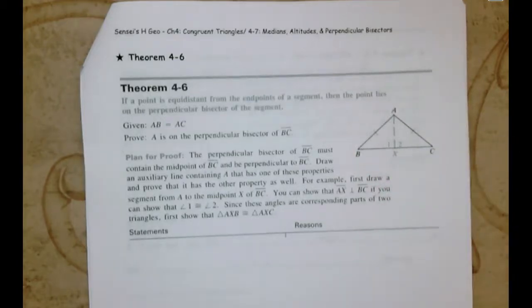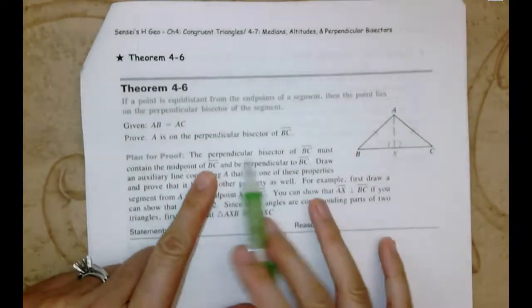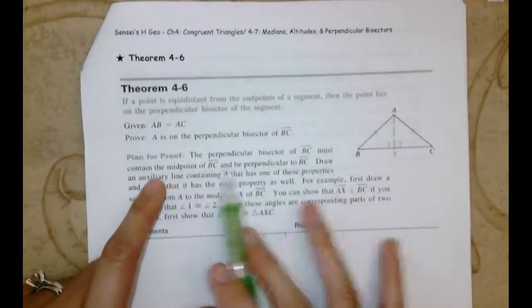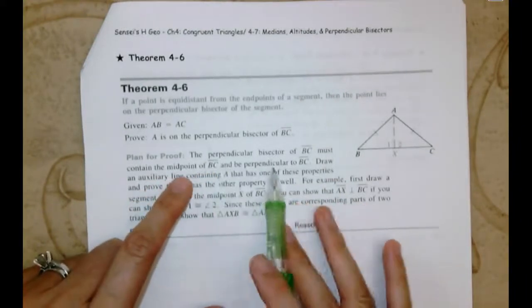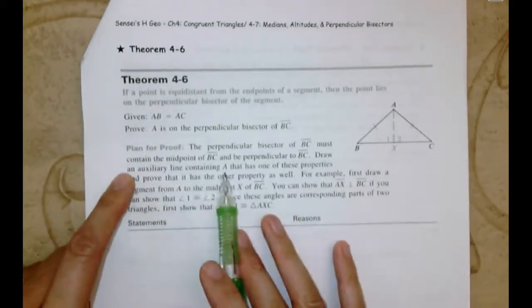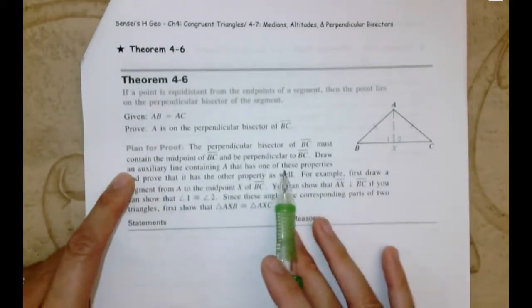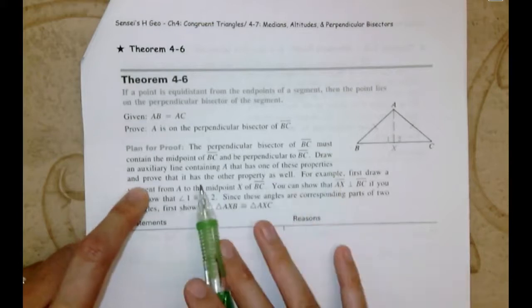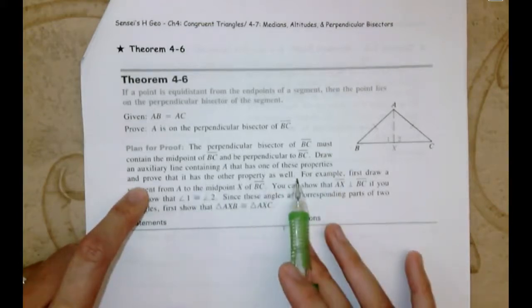So here's the plan of proof. A perpendicular bisector of BC must contain the midpoint of BC and be perpendicular to BC, so draw an auxiliary line containing A that has one of these properties and prove that it has the other property as well.